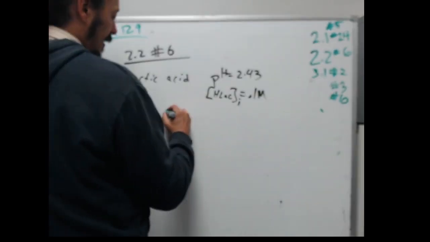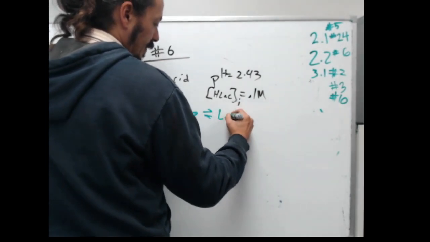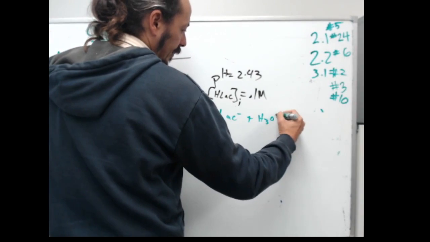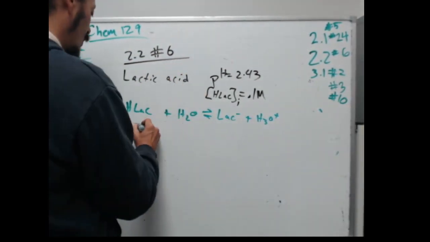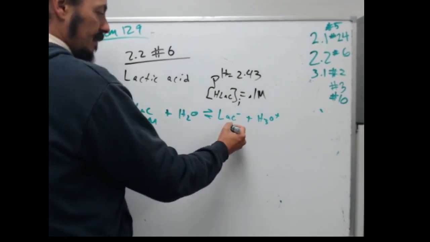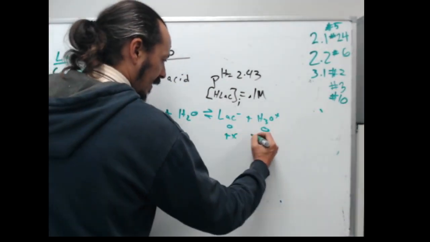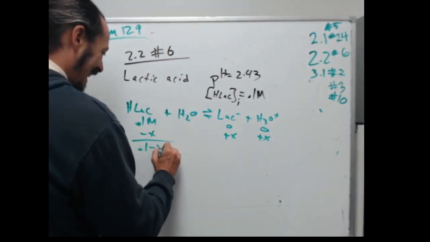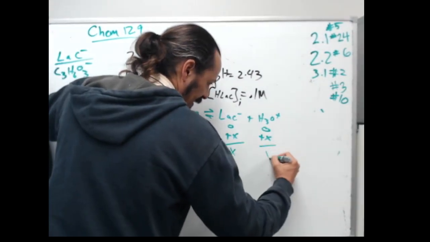So my H-lac with water goes to lactate anion plus H3O plus. Right, we've got proton donor, proton acceptor. This is 0.1 molarity. This is 0, this is 0, minus X, plus X, plus X. 0.1 minus X. Doing that on purpose, X and X.